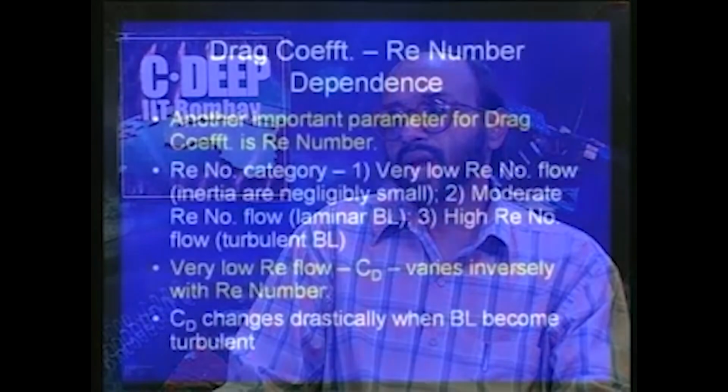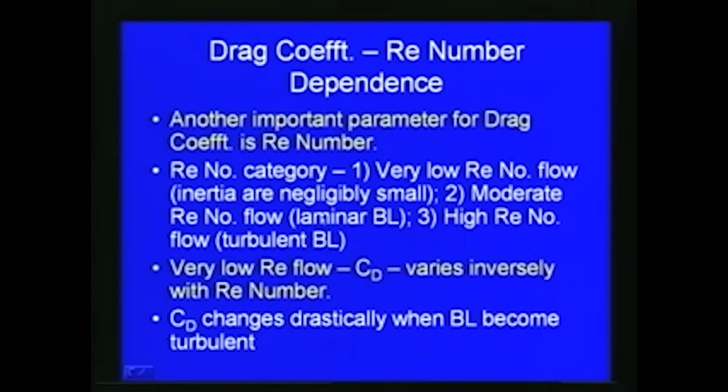For very low Reynolds number, we can show experimentally that the coefficient of drag varies inversely with the Reynolds number, and the coefficient of drag changes drastically when the boundary layer becomes turbulent. So the drag force is very much dependent upon the Reynolds number of the fluid flow.